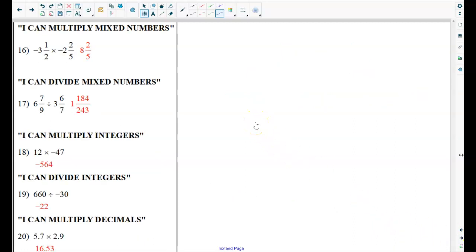This next one, I can multiply mixed numbers. So we've been in this situation before, a little different. This was a little more intense, but luckily it's multiplication, so let's keep it simple. Let's Texas tornado this bad boy. Okay, so it's a negative. Here we have 6 plus 1 is 7. Here we have a negative also. 10 plus 2 is 12.